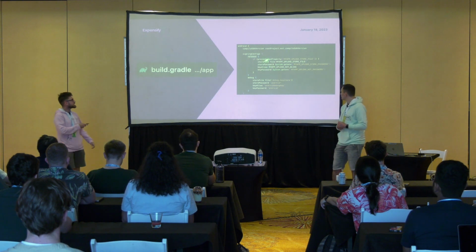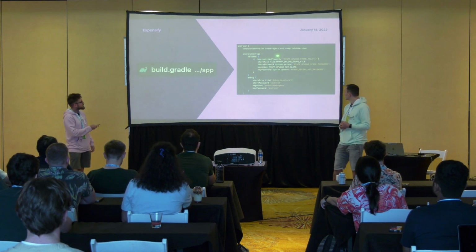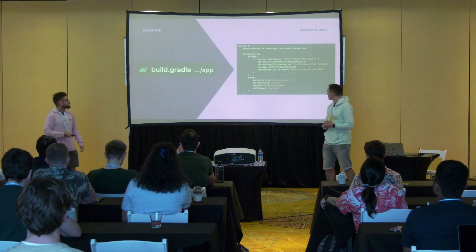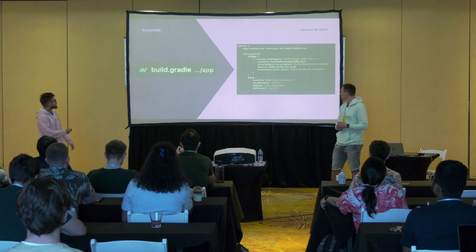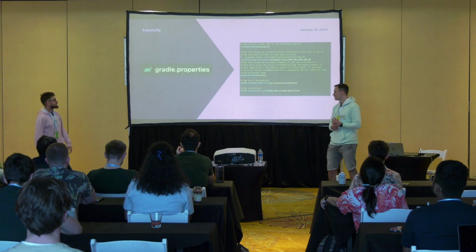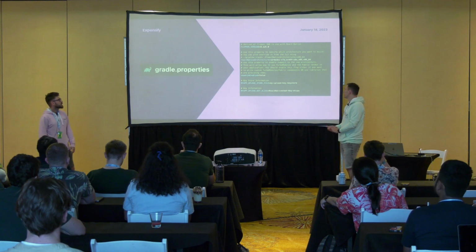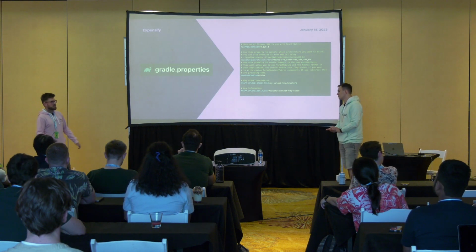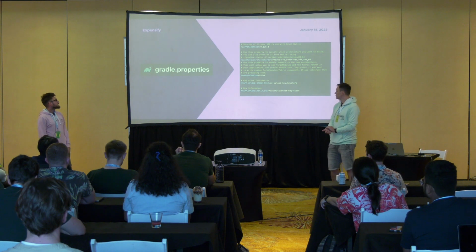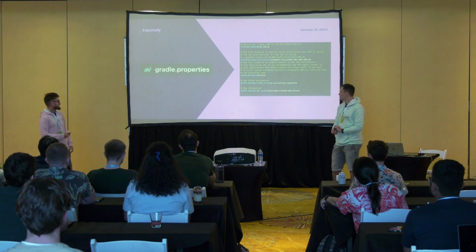For example, here you can see something like project.hasProperty and there is myAppUploadStoreFile. So where does it come from? It comes from a file called gradle.properties, because there is a file where you can define some variables. Actually, it's a file where you can define basically key-value pairs, but it's worth noting that it exists.